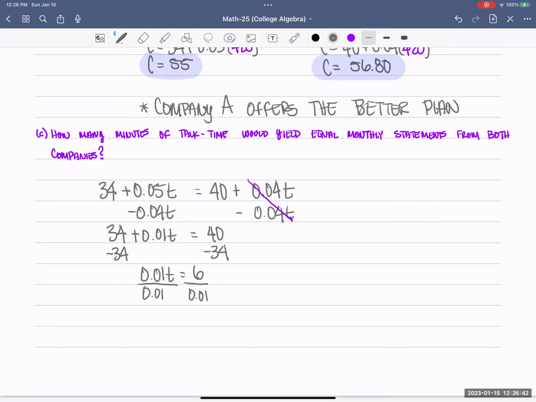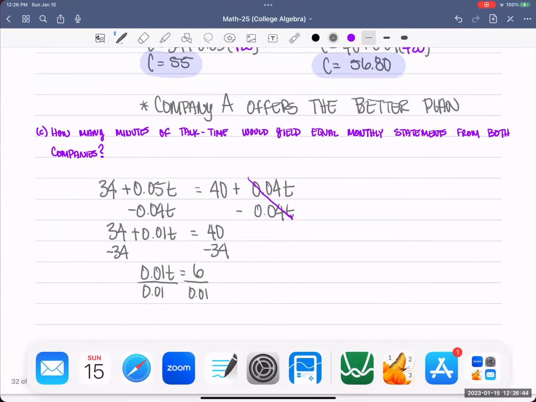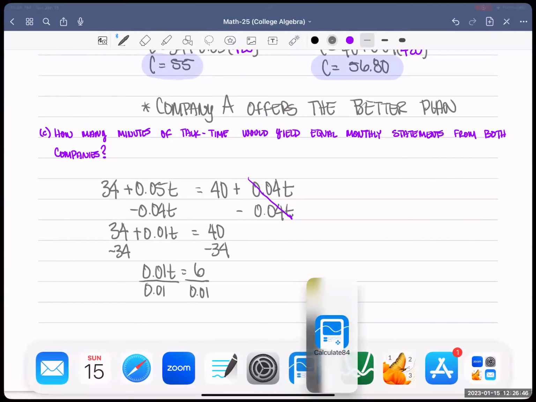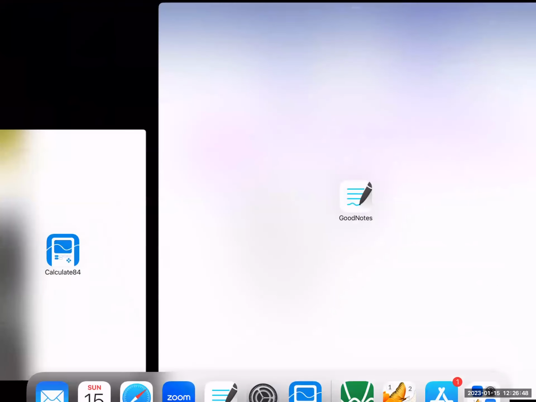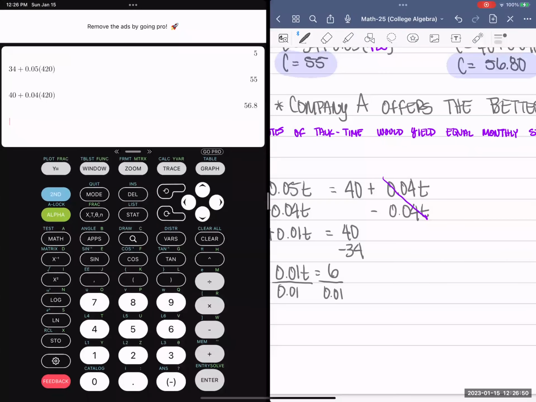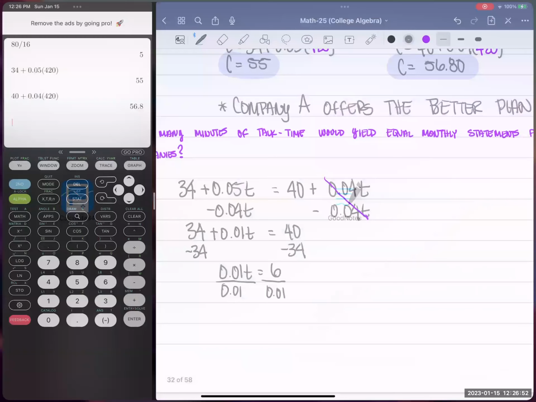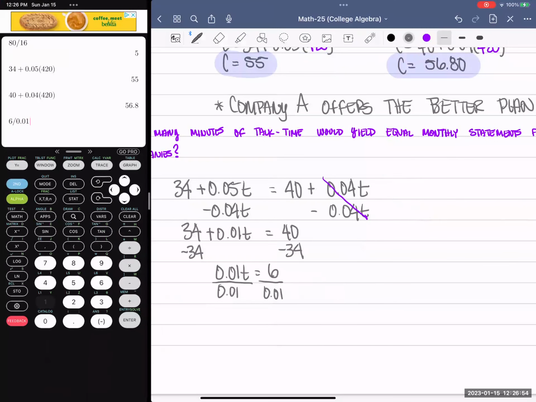And we can use our calculator to see exactly what that computation is, just in case we don't know. And we have 6 divided by 0.01. And that gives us 600. So here t is equal to 600.